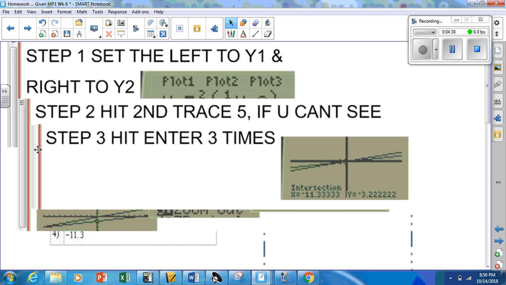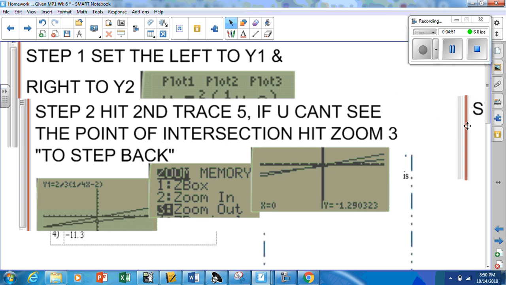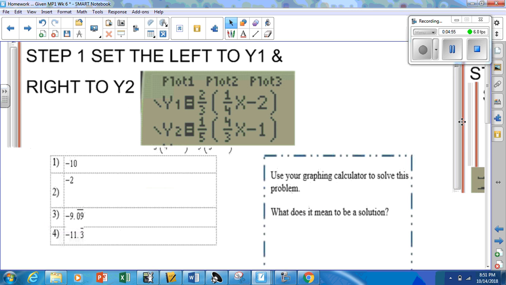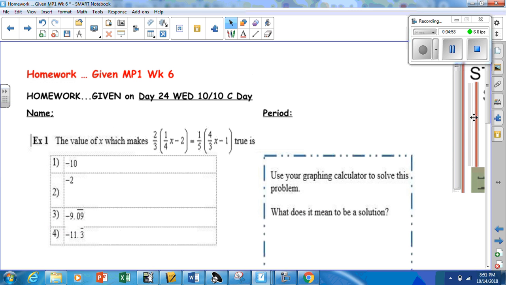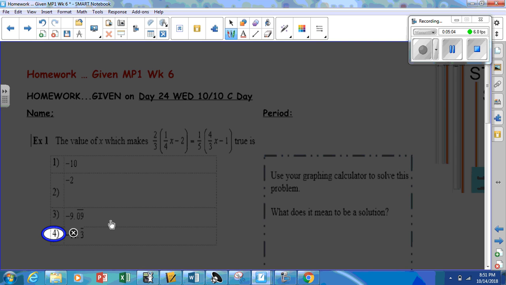And step 3, hit enter 3 times, and I will find that my point of intersection is negative 11. So, very quickly, my solution to this problem has to be choice 4.